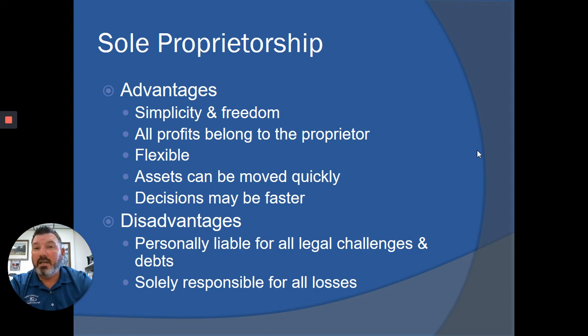The disadvantages: anything that is a responsibility or a liability is yours and yours alone. All legal challenges. So if you have a visitor to the farm who falls and breaks their leg and decides to sue you, you are legally responsible and liable for that. You are legally responsible and liable for all debts that you enter into.